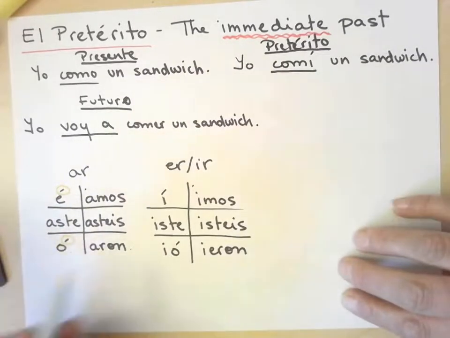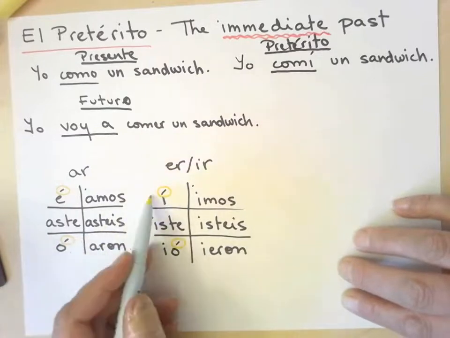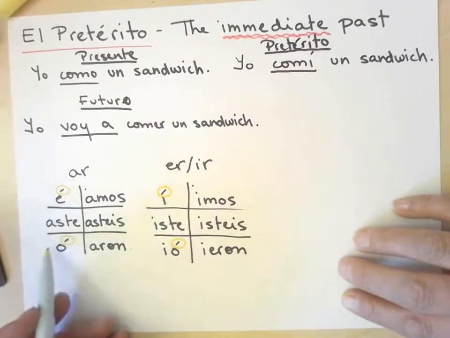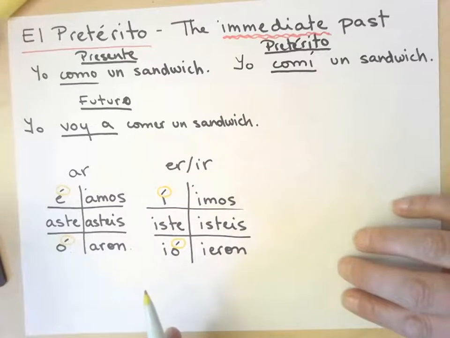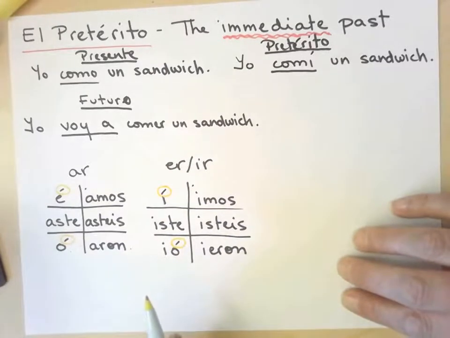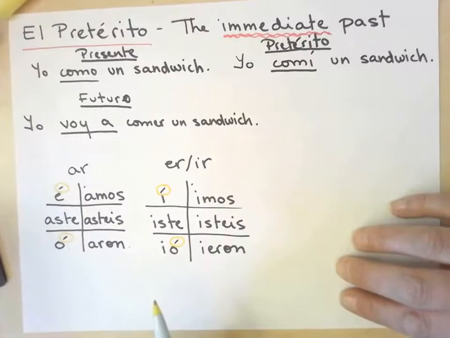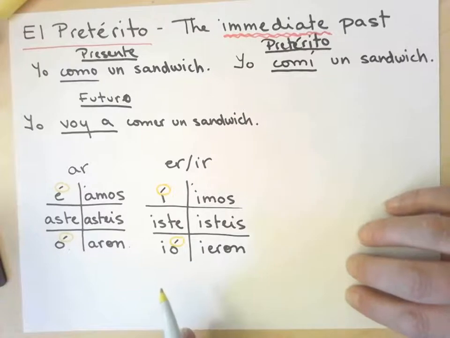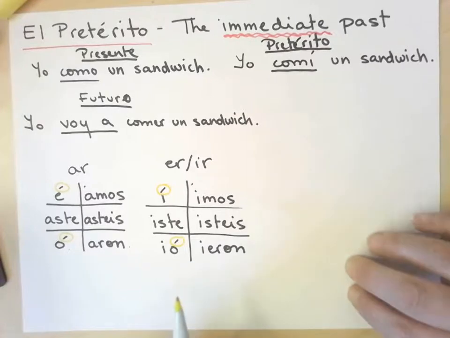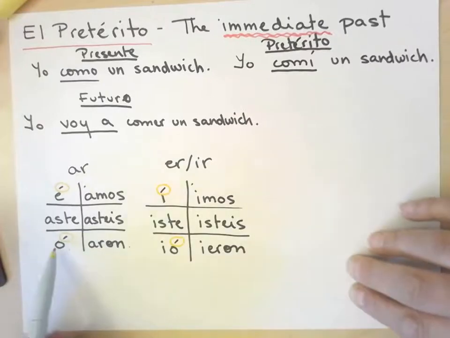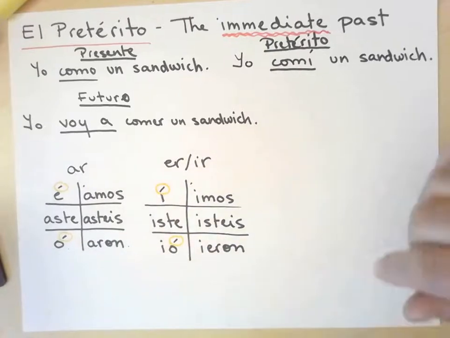That is one of the characteristics of el pretérito, that the yo and the él y usted carry accents all the time, because sometimes without the accent it may look like some other conjugation in another tense. So to make sure that we are doing el pretérito, you must include that accent. Okay?